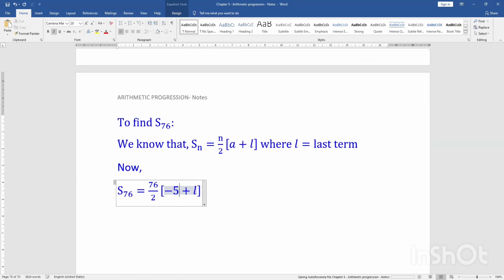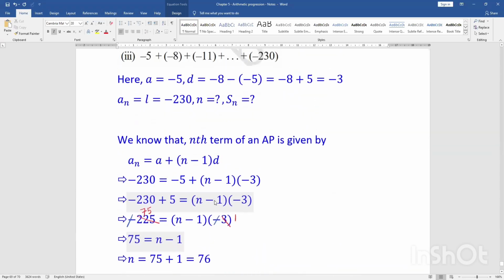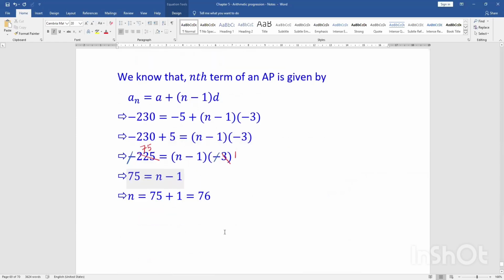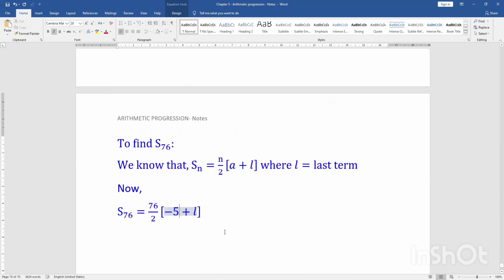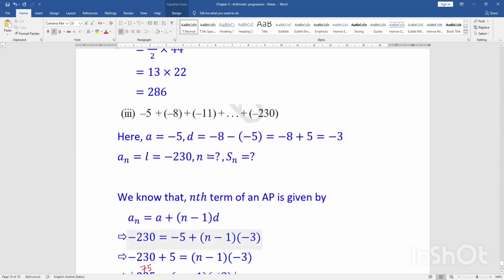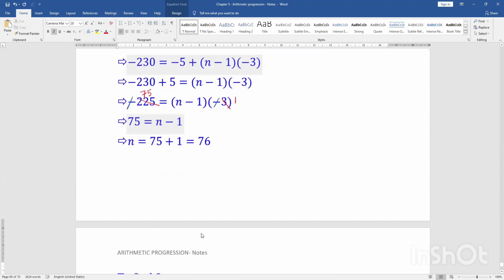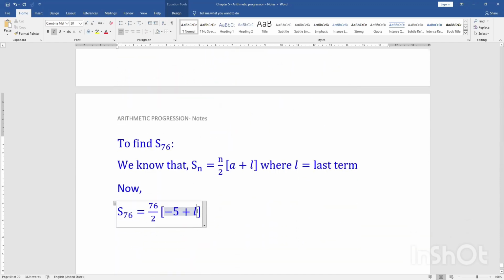And then what is the value of L? The L value, the last term, L is minus 230. So here the L value, we take it as minus 230. Let me put it in brackets.